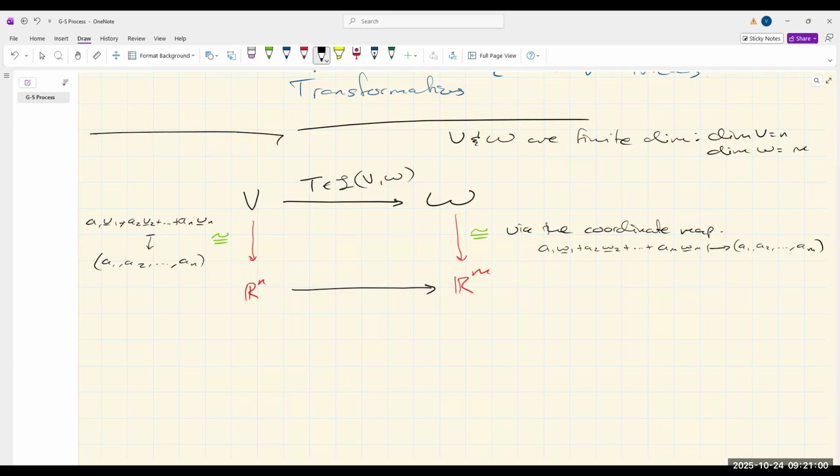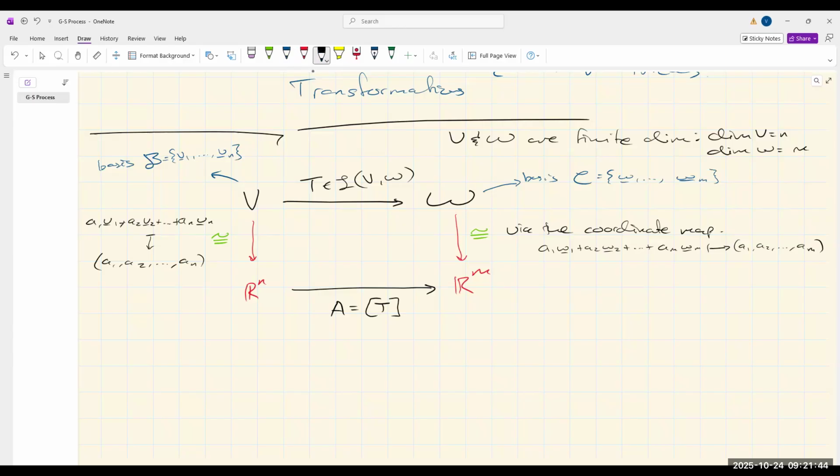The matrix A that will do this is the matrix representation of the linear transformation T. So maybe I should have put a basis. V has basis B, given by v1 up to vn, and W has basis C, given by w1 up to wm.